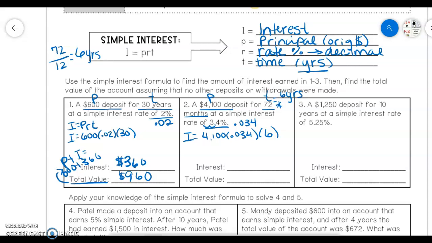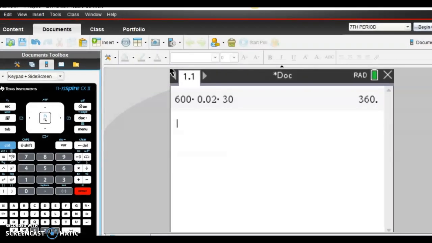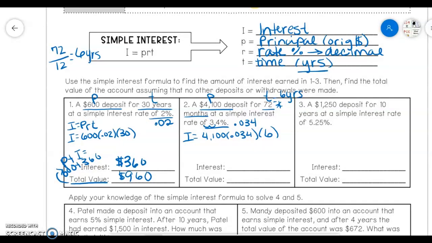Then we can go back to our calculator. 4,100 times 0.034 times 6 gives me $836.40.